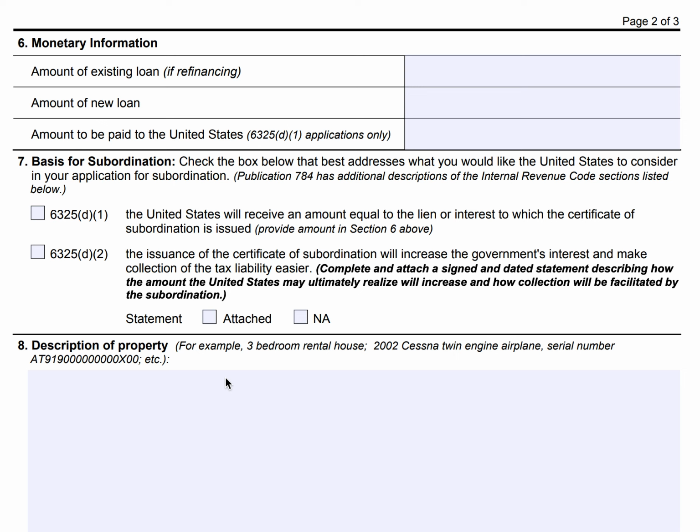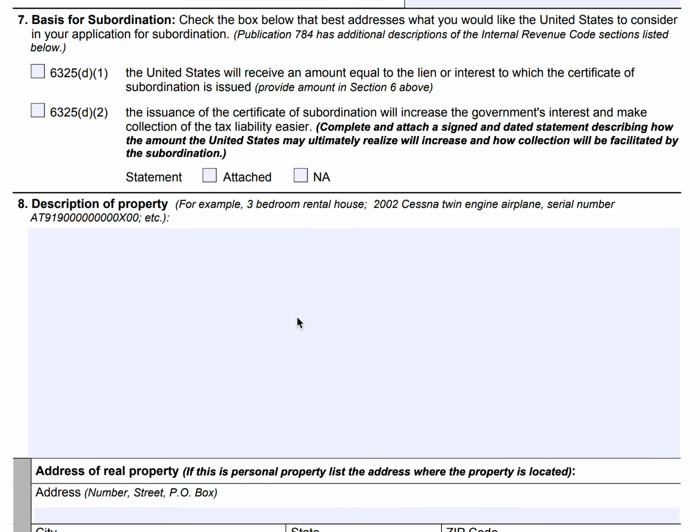So again, if you are able to refinance and eliminate private mortgage insurance, which most people have to pay if they have equity less than 20% in their house, if simply paying that extra couple hundred dollars a month would better benefit the Internal Revenue Service, then you could select D2, attach some sort of a statement that outlines how you'll be better able to pay the government. That would be the other consideration.